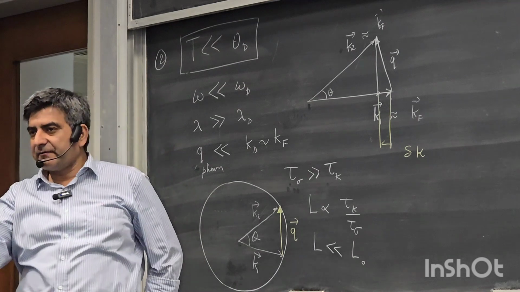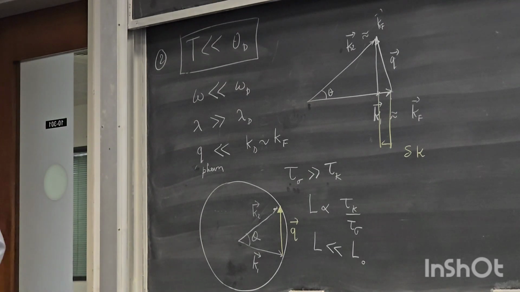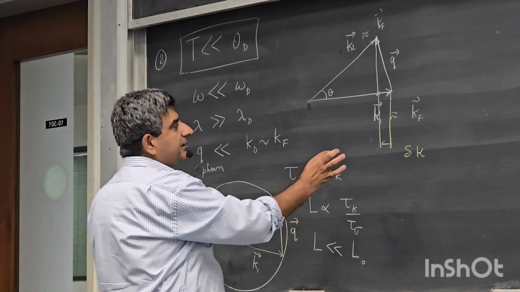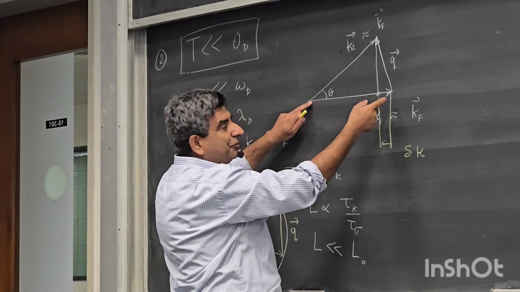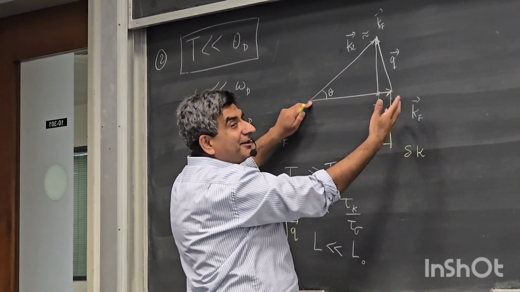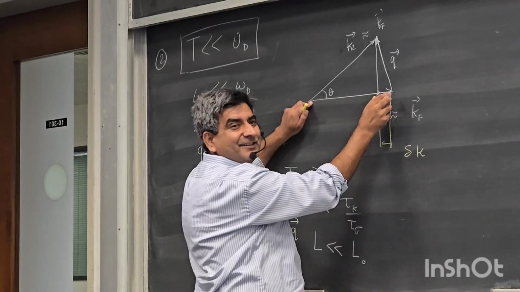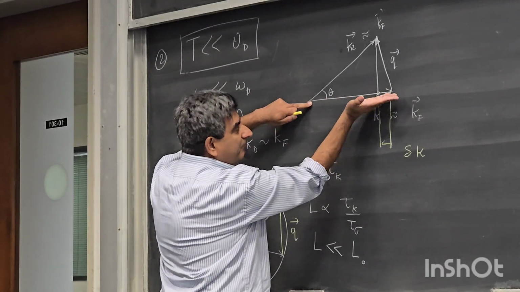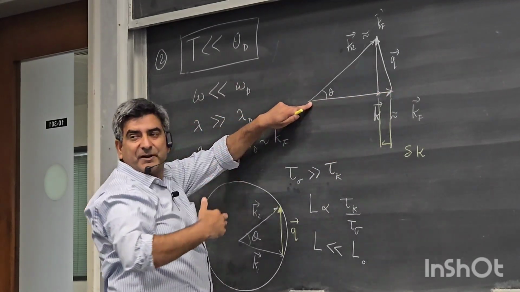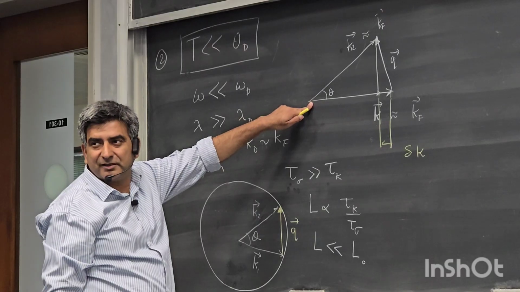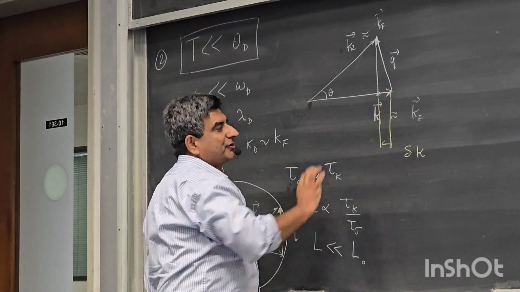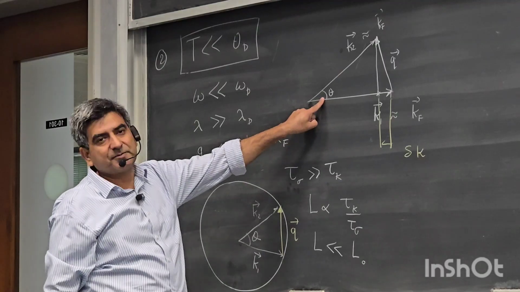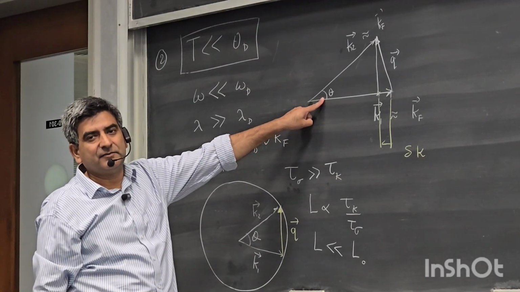K is the wave vector for the electron, and Q for the phonon. So this is the loss in momentum of the electron. You really need a large loss. You need a loss of minus 2k for this Fermi vector to flip its direction altogether. But here you have a very small loss delta k, which of course depends upon the small angle theta.